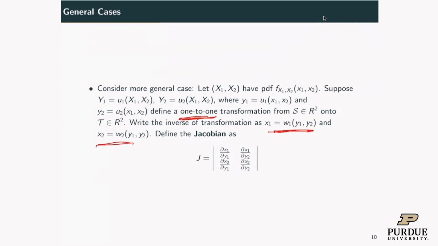I can define the Jacobian. So it's a partial derivative of x with respect to y. So it's ∂x1/∂y1, ∂x1/∂y2, ∂x2/∂y1, ∂x2/∂y2. So this is a Jacobian. Now my goal: what is the joint distribution of Y1, Y2? That's the goal.